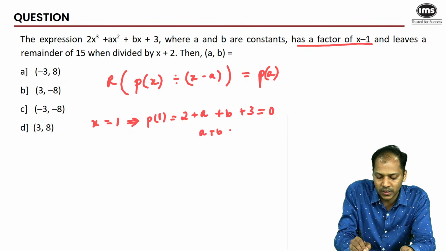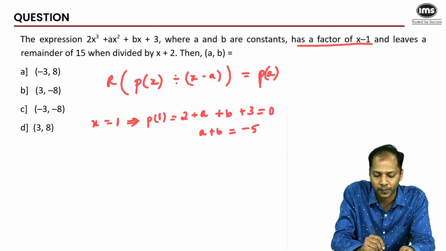You will get the first equation, a plus b is equal to minus 2 minus 3, and it goes on the other side, so that's equal to minus 5.